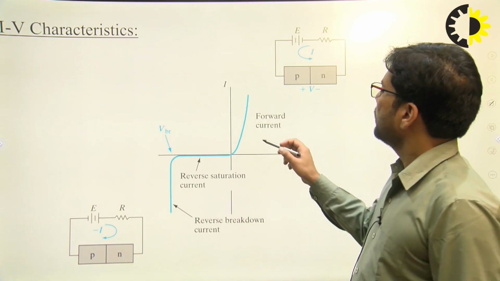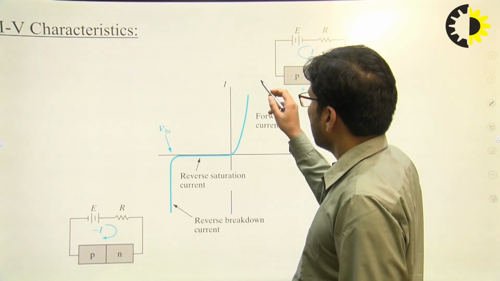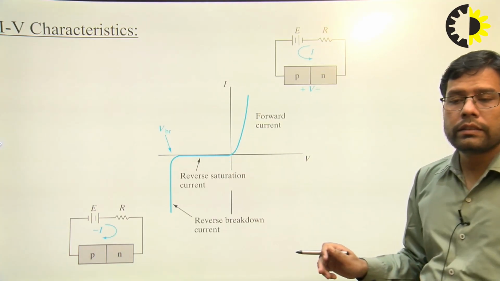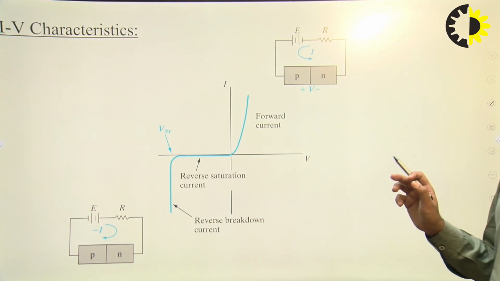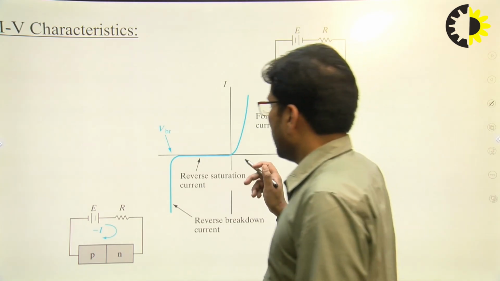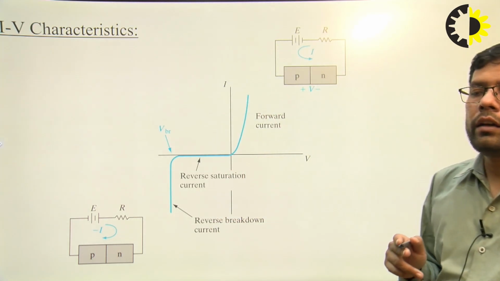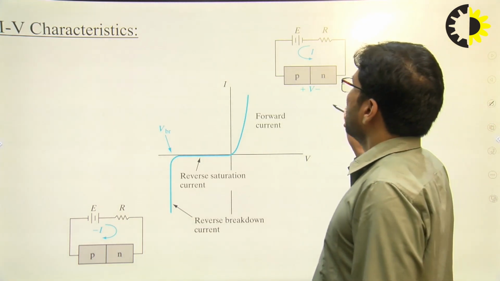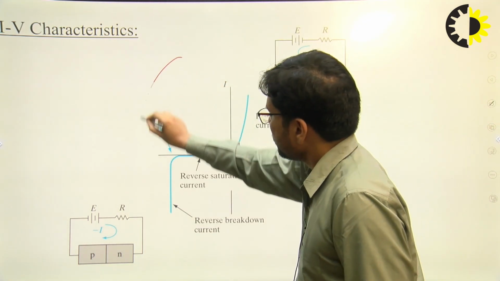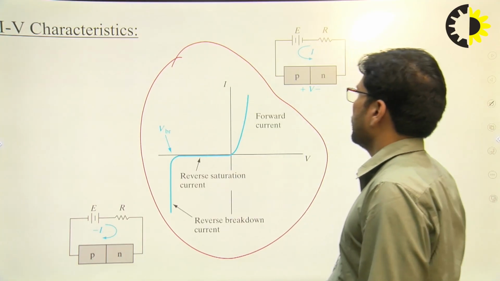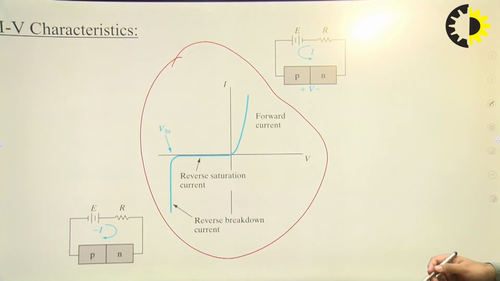So this is the forward bias characteristics and this one is the reverse bias characteristics. In the reverse bias region, we have two different kinds of breakdown, the Zener breakdown and avalanche breakdown. So this is mainly the IV characteristic of a simple normal diode that we have by studying the PN junction diode.